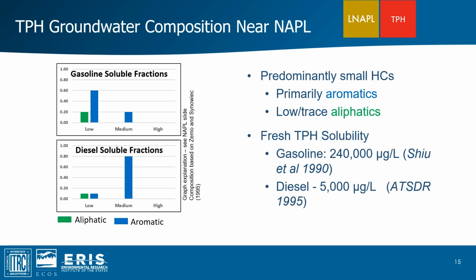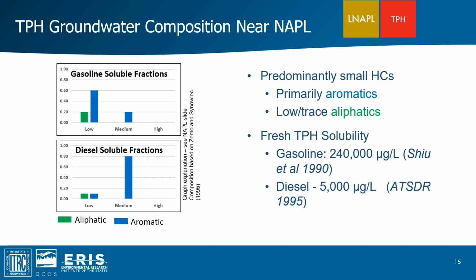Here we present TPH fraction compositions of groundwater near NAPL, which again vary based on the oil, fuel, or NAPL mixture and weathering processes. By now, we know that aromatics are more soluble than aliphatics, and the most soluble hydrocarbon fractions are smaller or low aromatic hydrocarbons, followed by the smaller aliphatics, which are slightly soluble.